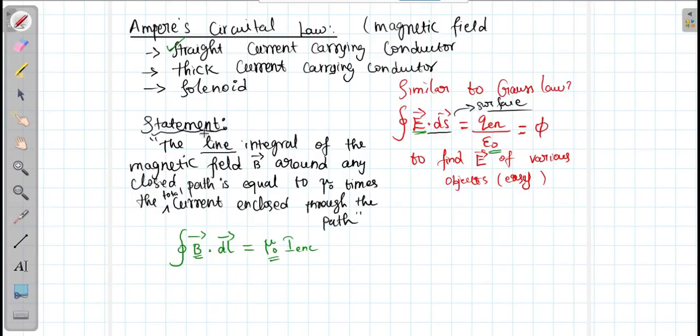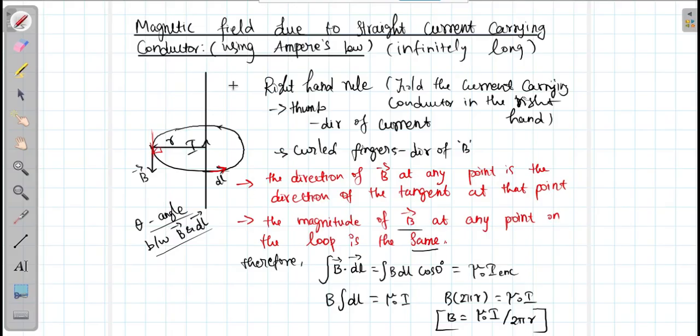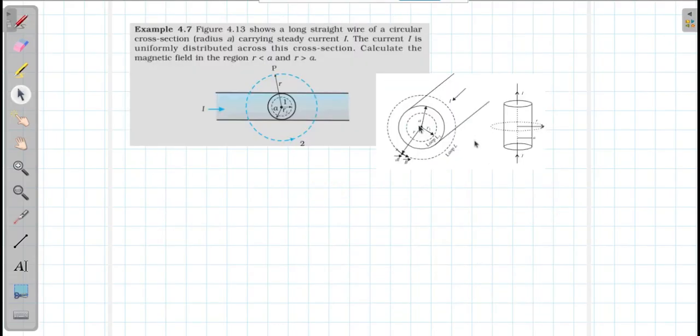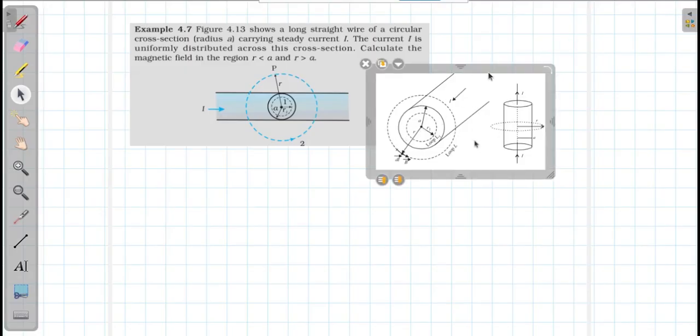In the previous case, it was a thin, long, straight current carrying conductor. There was no distribution of current in the area of cross section; the area of cross section was almost negligible. Here, along the axis of the conductor, see this diagram carefully.